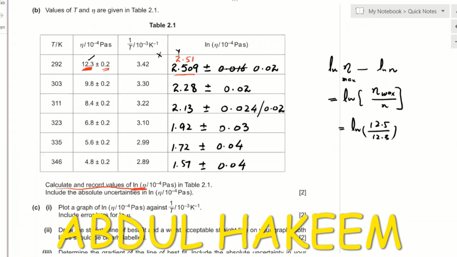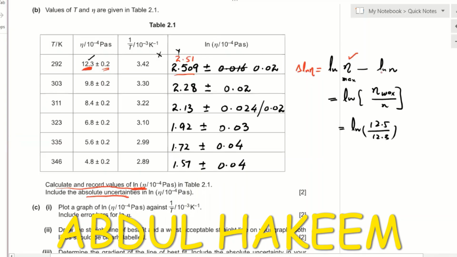Look, this is 3 significant figures. Either write 3 significant figures or 3 decimal places. Now we have to write the absolute uncertainty.